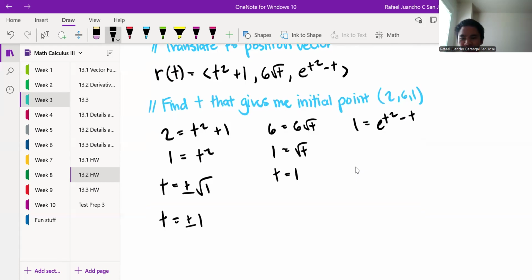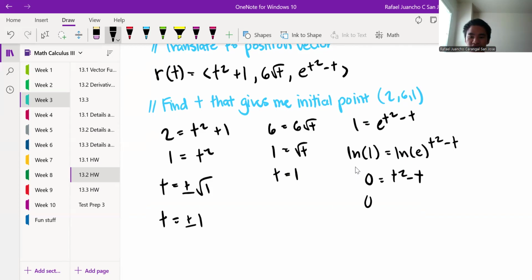Well, I can take an ln of e. And ln of 1 is basically 0. Ln of 1 is equal to 0. And so this is just t squared minus t. And I could add t to both sides. Or actually, I don't need to. I could just factor it out. So I get t times t minus 1.